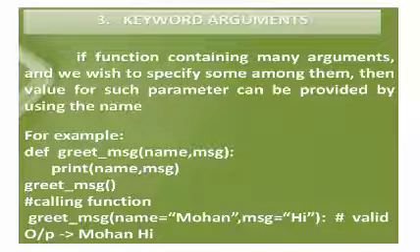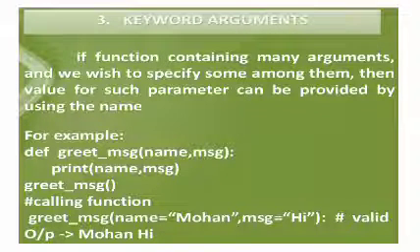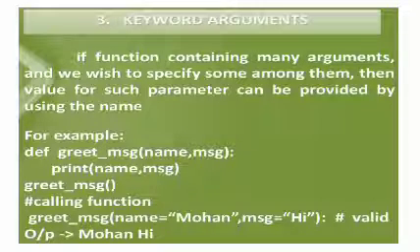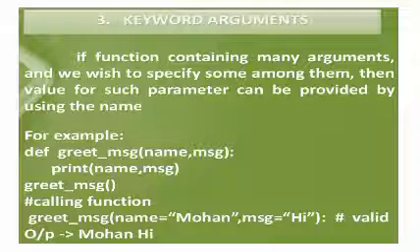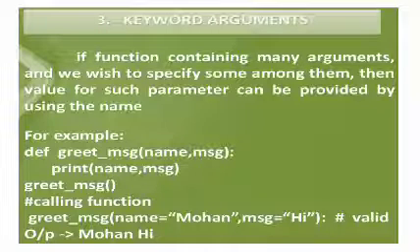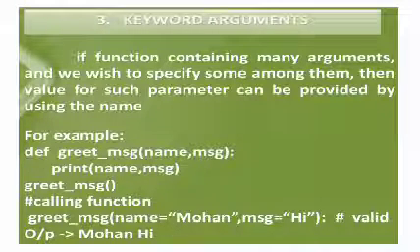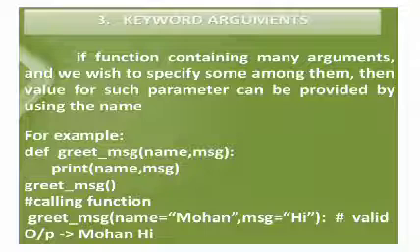When we call the function, we pass the argument using the name with the value, and the second argument with the name and the value. It is valid, and the output will be Mohan hi, because the first argument value is Mohan and the second argument value is hi.